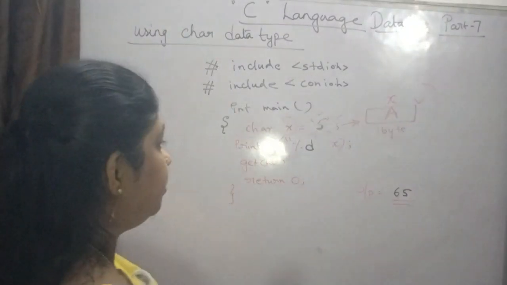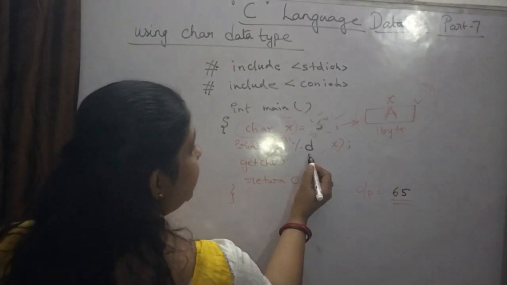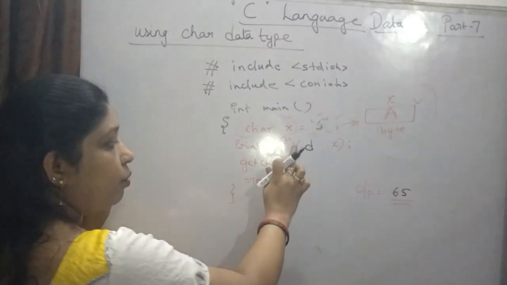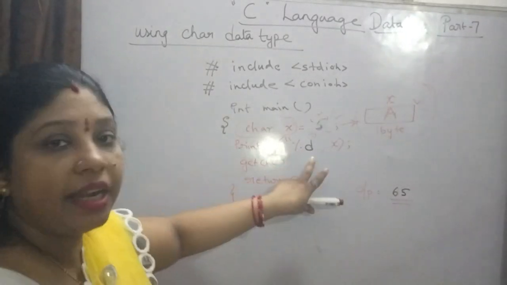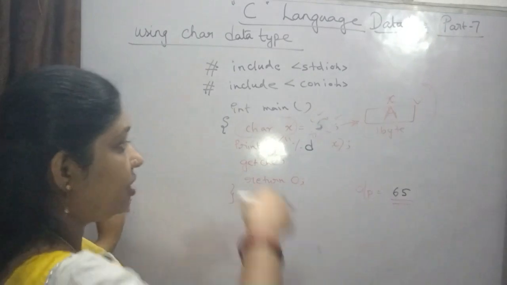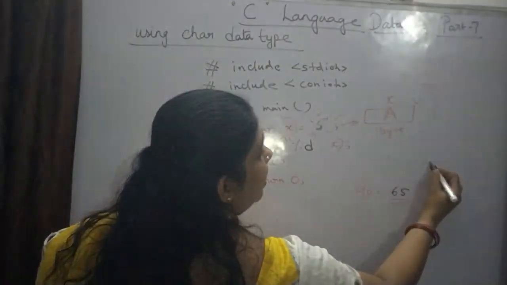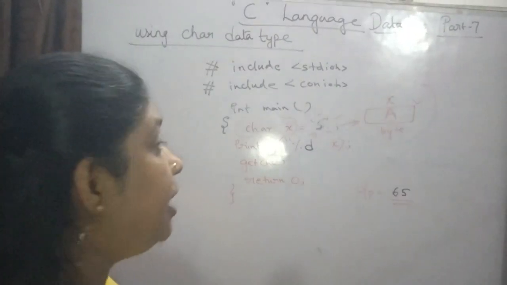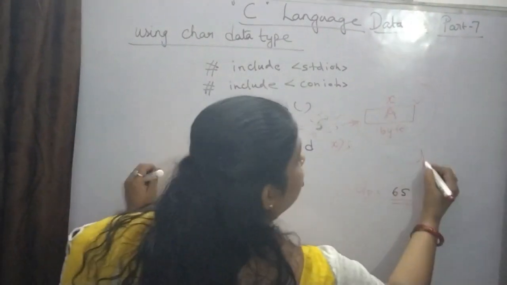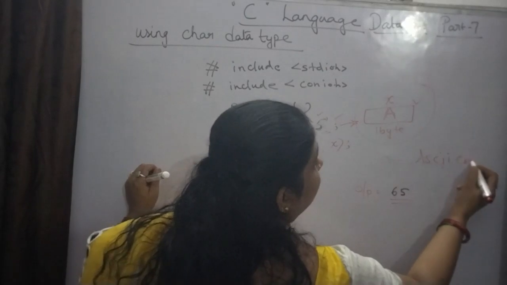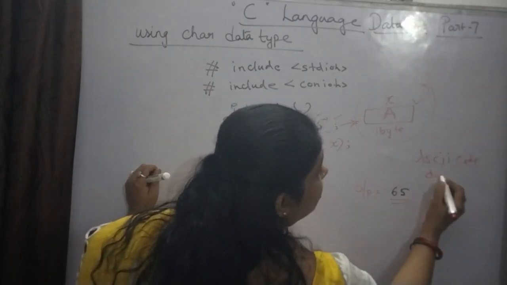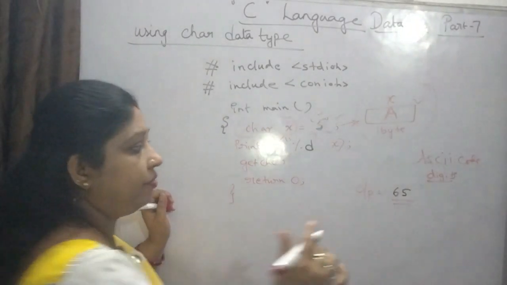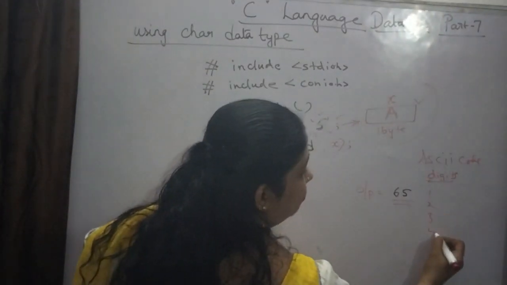Now here I gave %d. What happens here is, the moment it sees the %d format specifier, it enters into the ASCII code chart and it will check the ASCII codes for digits. So what is the numerical value for digit 5? It will check 1, 2, 3, 4, 5.